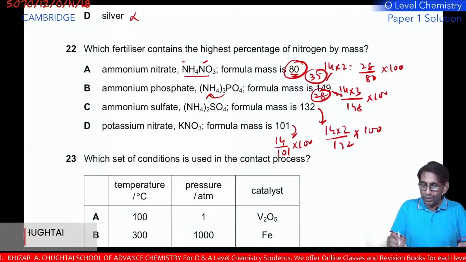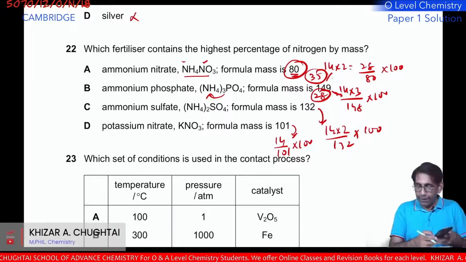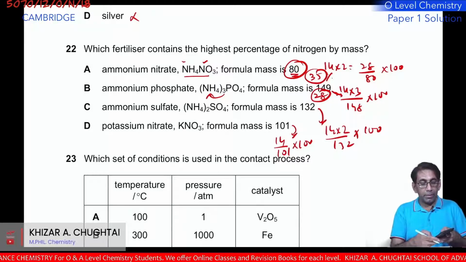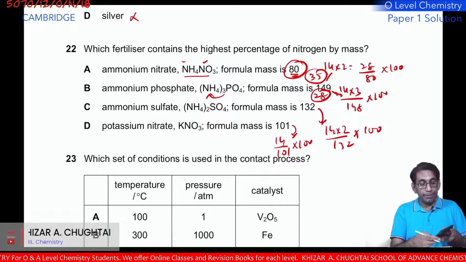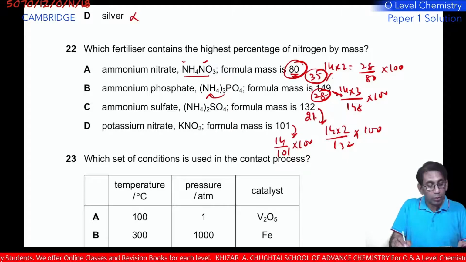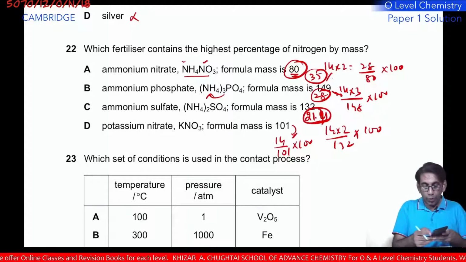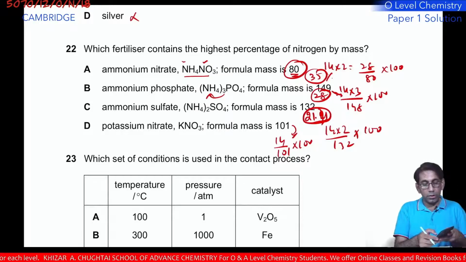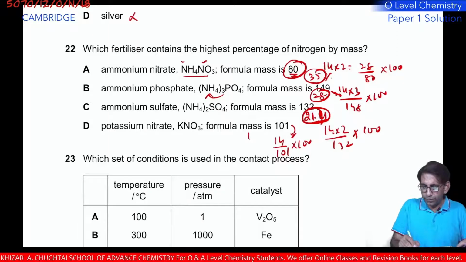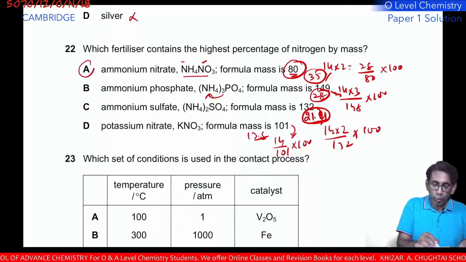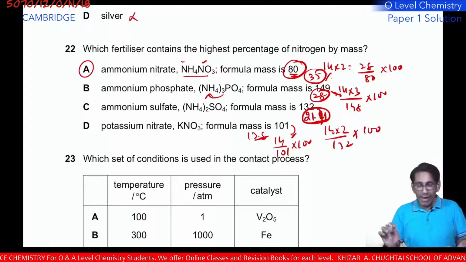The next one is 28 divided by 132 multiplied by 100, 21.21. The last one, 14 divided by 101 multiplied by 100, and the answer is 13.8, almost 14. So the highest answer goes to this one. A is the correct option.